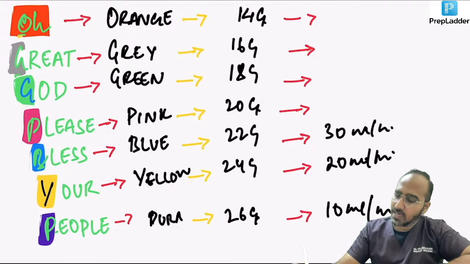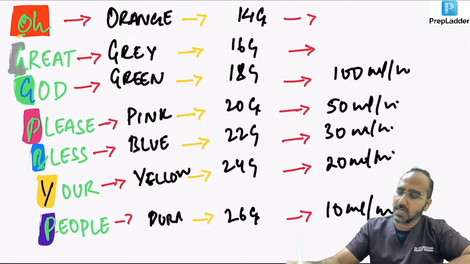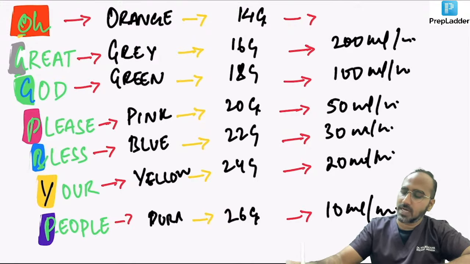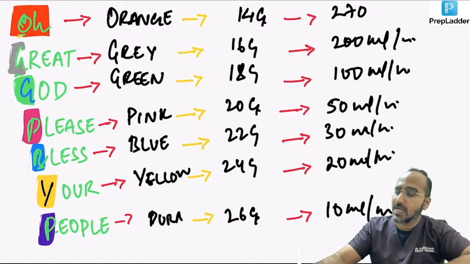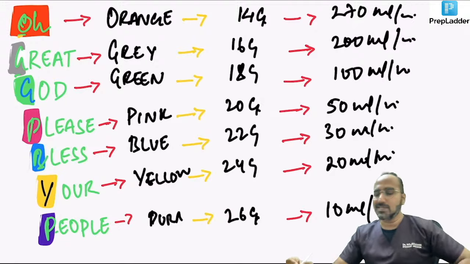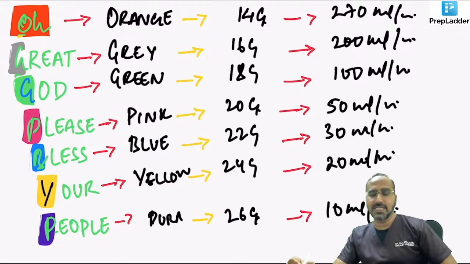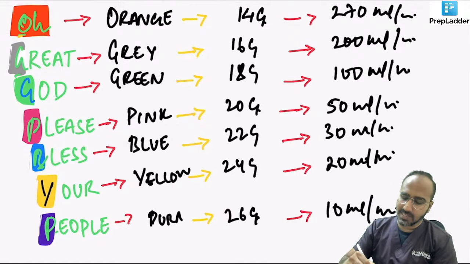Next, pink color will deliver 50 ml per minute. 18 gauge cannula will deliver double of 50, 100 ml per minute. 16 will deliver 100 ml per minute, and 14 will deliver 270 ml per minute. Okay, this is the gauge size, and these are the flow rates that we need to remember, guys, regarding the IV cannula.